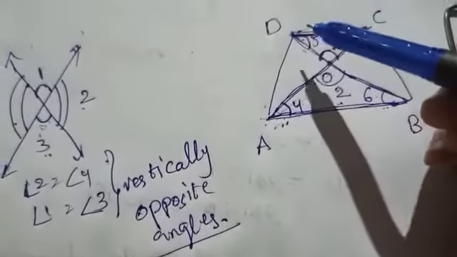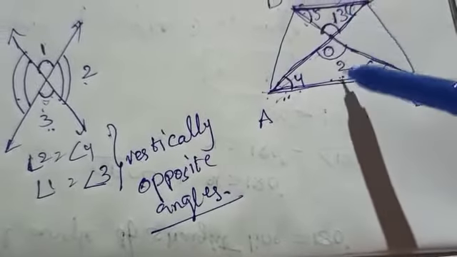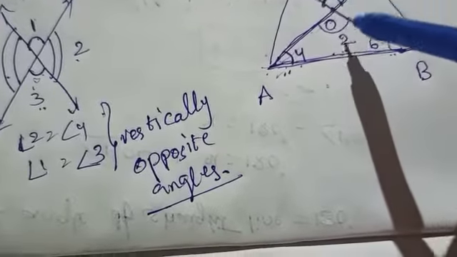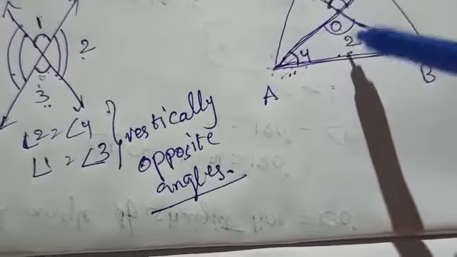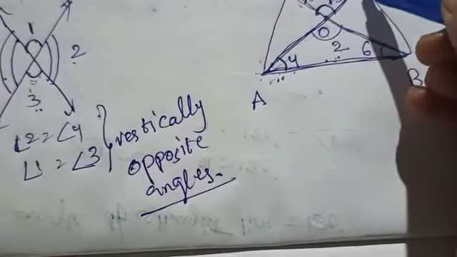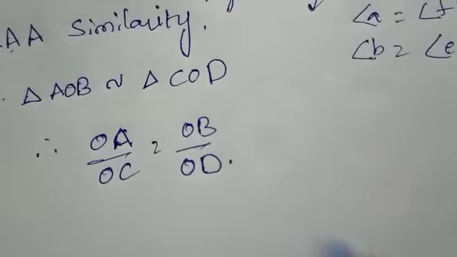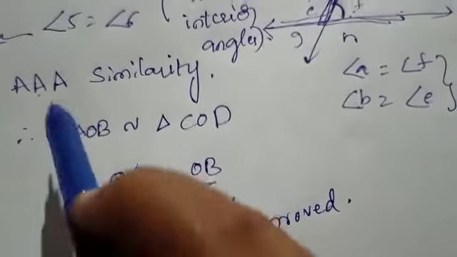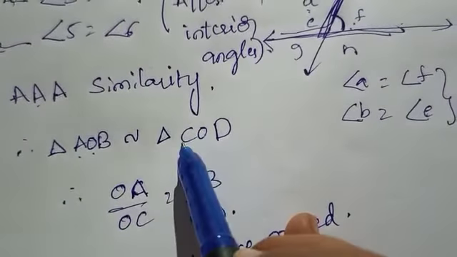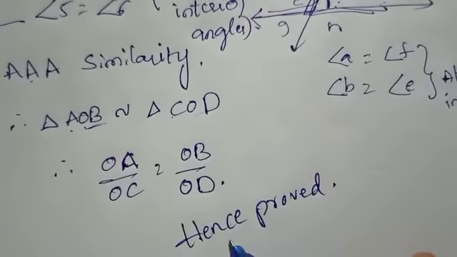Here, these two triangles are similar. So corresponding sides are in the same ratio. So OA by OC equal to OB by OD. Hence proved.